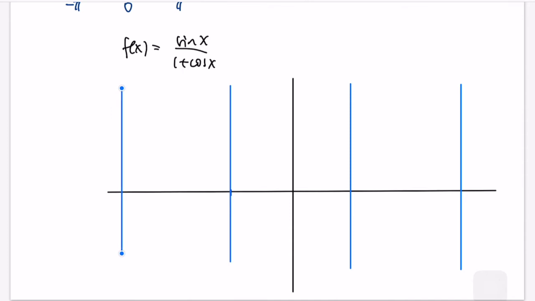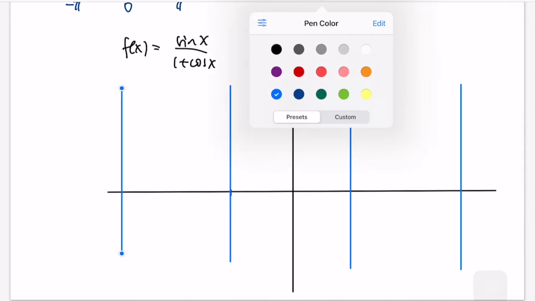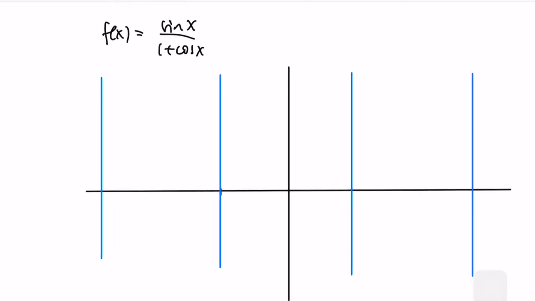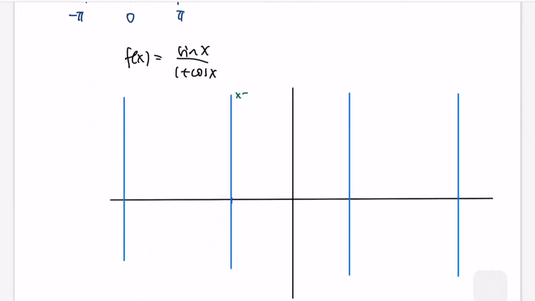Okay, I think that will be better, and then we can start to write. This is x = -π, x = π, this is x = 3π, this is x = -3π.